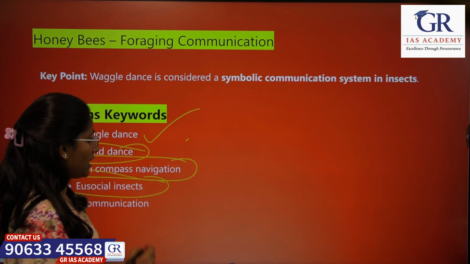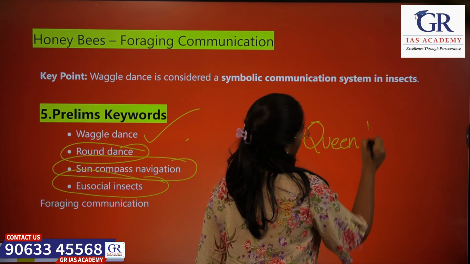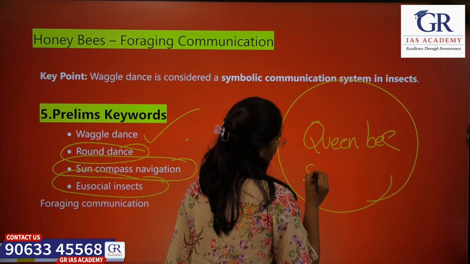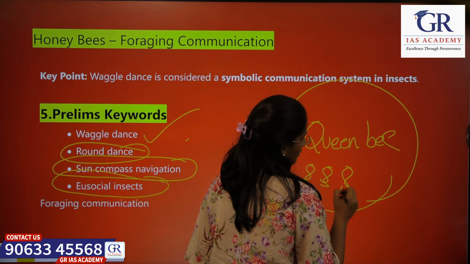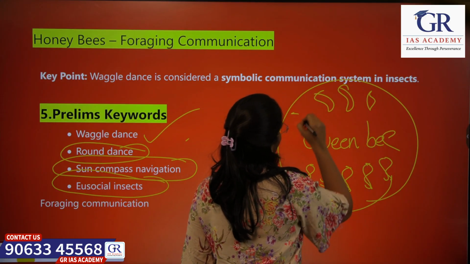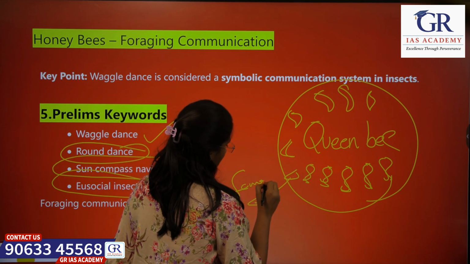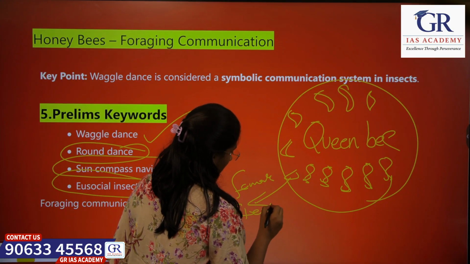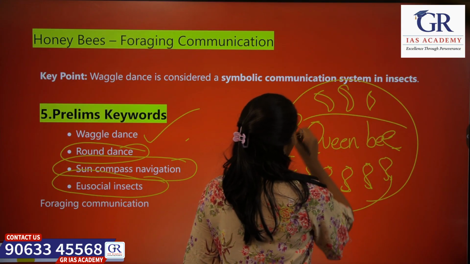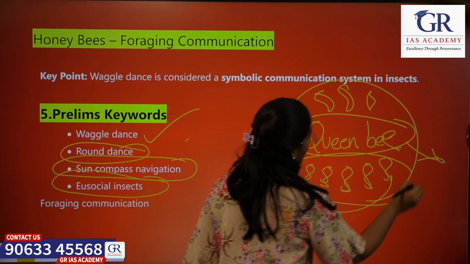Eusocial behavior is nothing but, you know, a queen bee will be there in one hive wherein all worker bees will be working for the queen bee for both food source and protection. These worker bees are female and they are sterile, and the queen bee is supported by these worker bees.